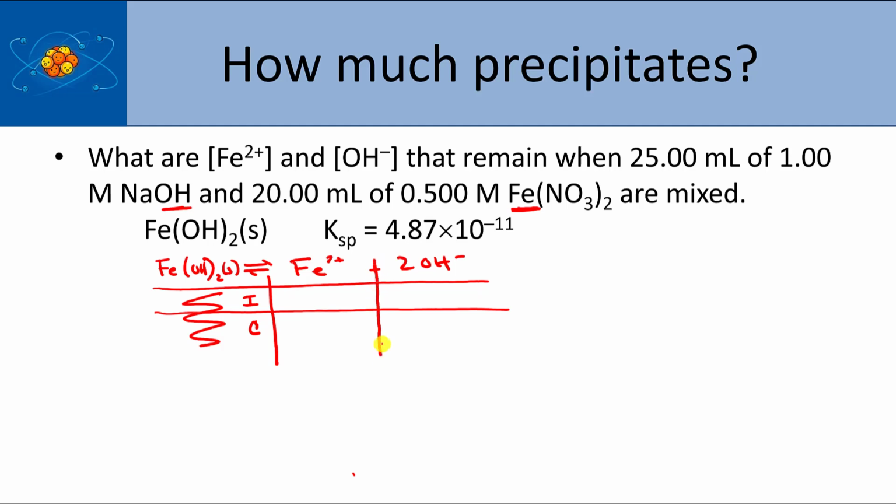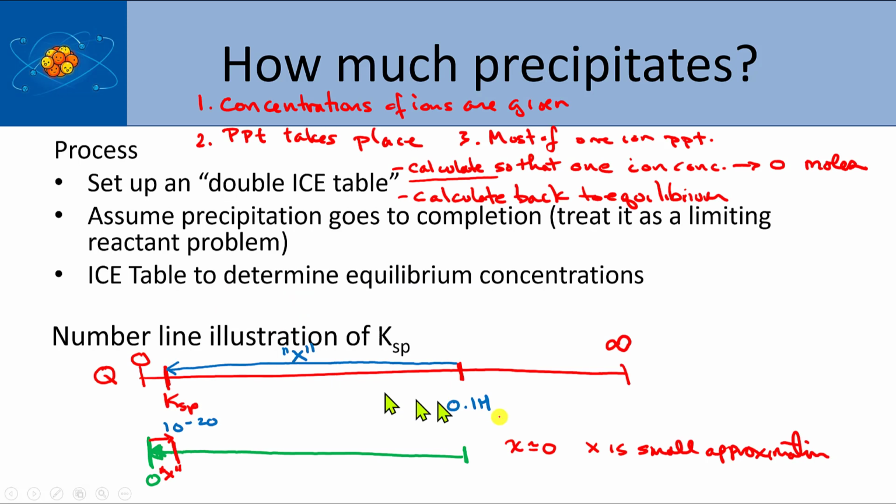Okay, so now what am I going to put in here, right? What I usually like to do in this first set is to use millimoles. Normally the numbers in millimoles are nicer than the numbers in molarity. And I'm going to use this first table to figure out which one's the limiting reactant. Okay, so this is starting far to the right of equilibrium on my number line here somewhere. And I'm going to go far to the left on my equilibrium.